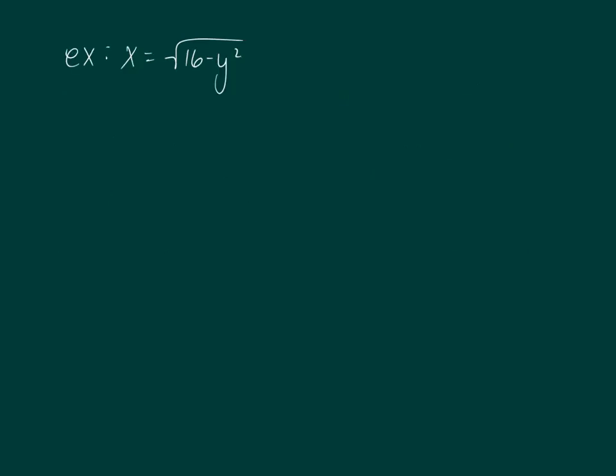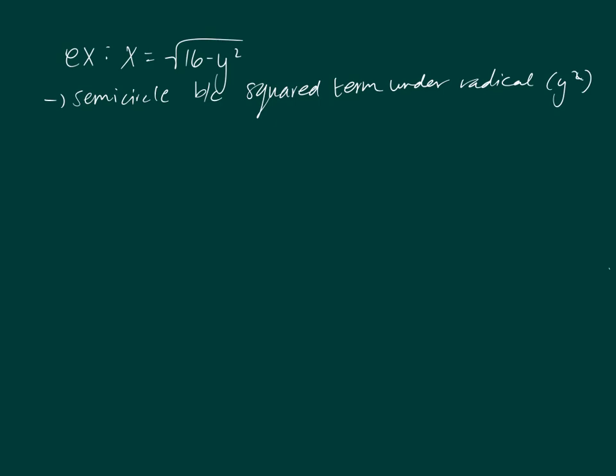Last one. Now let's look at an equation where it's x equals square root of 16 minus y squared. Looking at this, I know I have a semicircle because of the square term under the radical, which would be y squared right here. So I know I have a semicircle just from that portion.